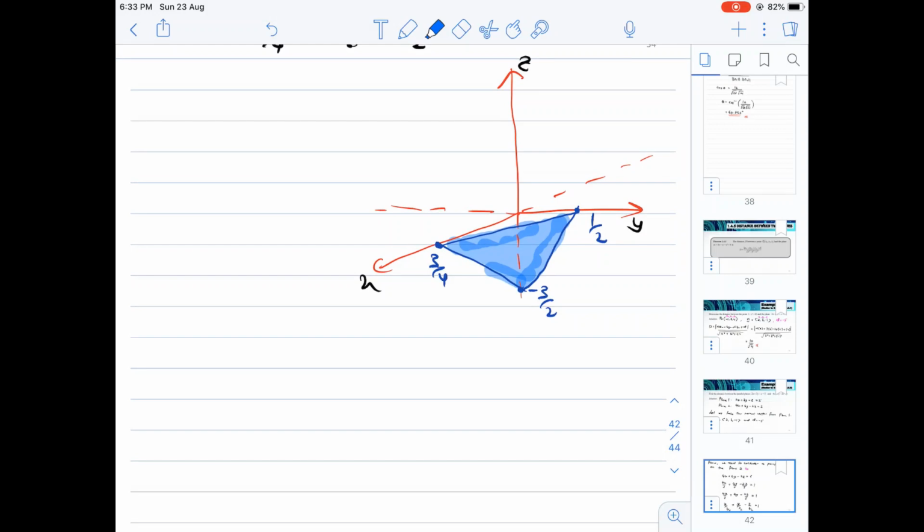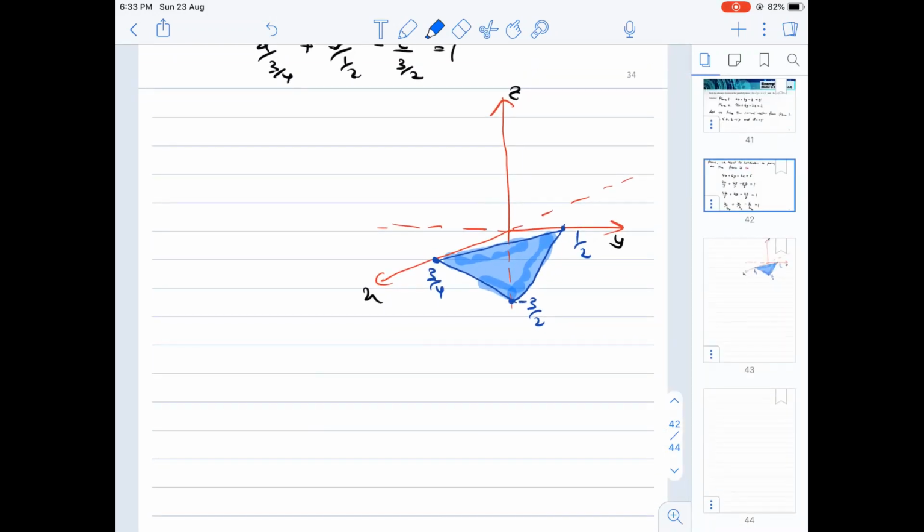Alright. So now in this case, we have 3 coordinates. The coordinate here is 3 over 4, 0, 0. And the coordinate here is 0, 0, negative 3 over 2. And the coordinate here is 0, 1 over 2, 0. Because it depends on the x-axis, y-axis, or z-axis.